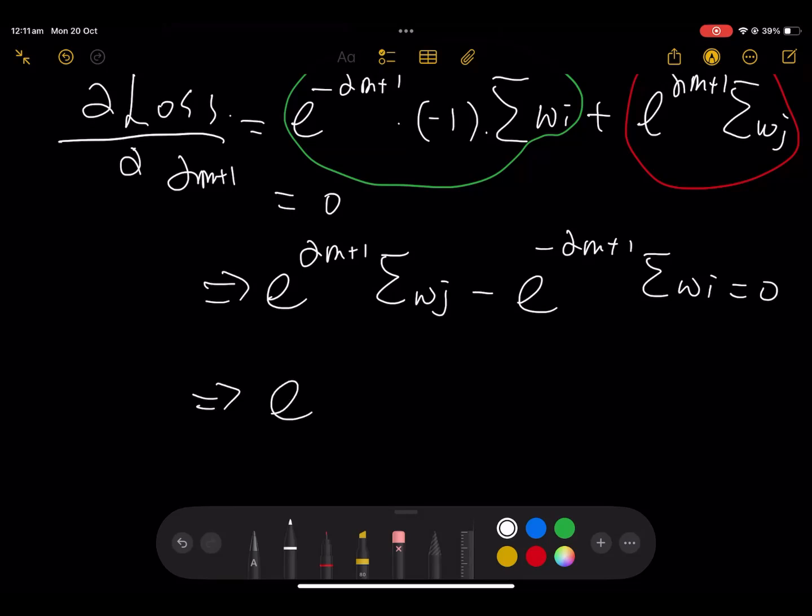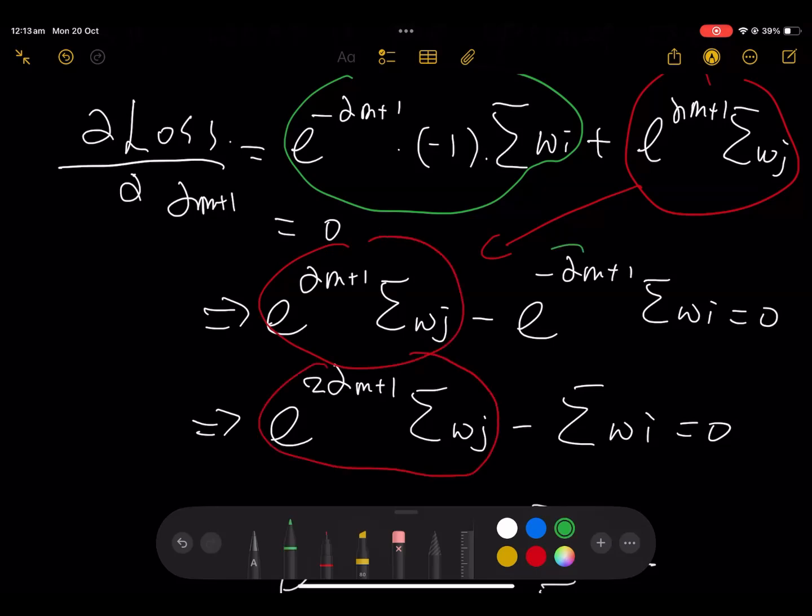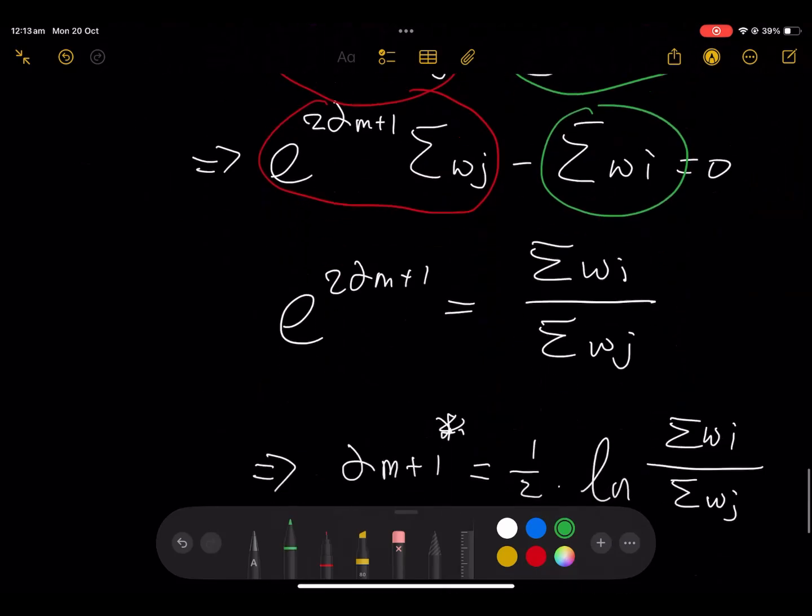Green means the sum of that whole bunch of expressions where the decision stump h_{M+1} makes the right prediction, and red means the sum of those where h_{M+1} makes the wrong decision. Let the derivative equal 0, solve this equation, and we get the final answer.